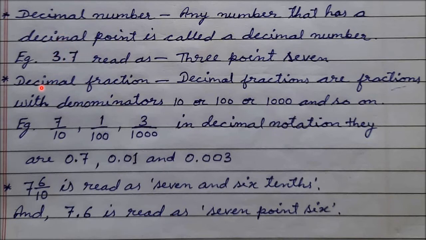The other thing is decimal fraction. Decimal fractions are fractions with denominators 10 or 100 or 1000 or 10,000 and so on. So when the denominators are 10, 100, 1000, 10,000, 1 lakh, 10 lakh and so on, they are called decimal fractions.